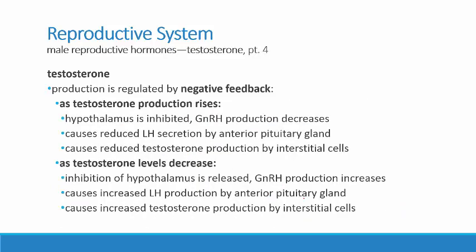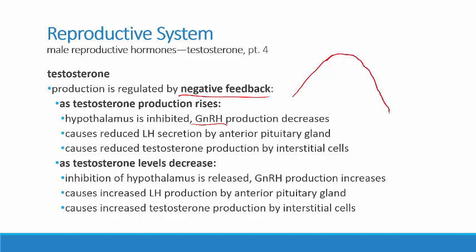Testosterone production is tightly regulated through negative feedback. So as the testes increase testosterone production, in response we see inhibition at the hypothalamus and less GnRH being produced. So testosterone production is rising, but as soon as we reduce GnRH production, we're going to have less LH secretion, and that's going to cause reductions in testosterone production by the interstitial cells.